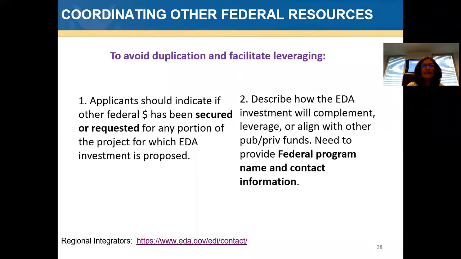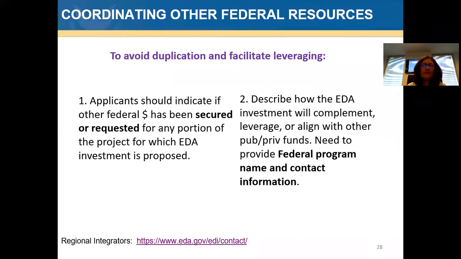We also ask how the EDA investment will complement, leverage, or align with other public and even private funds, because we want to see where there may be a possibility for a transformational project or initiative funded by many agencies, where one might cover one aspect, another might cover a different aspect, and as they say, the whole is stronger than the sum of the parts.